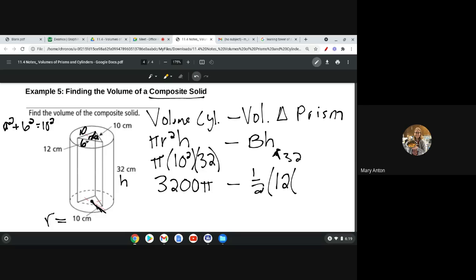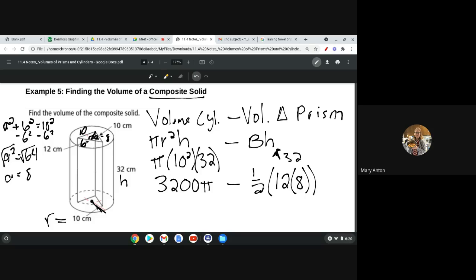All right, so let's do 10 squared minus 6 squared. That's 100 minus 36, which is 64. So that means we end up with a squared equals 64. And then we square root both of these, and we get a is equal to 8. Therefore, our altitude is 8. So that's the height of our triangle base.